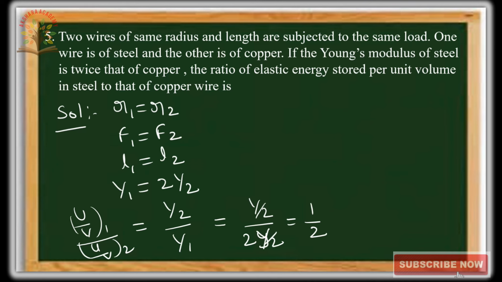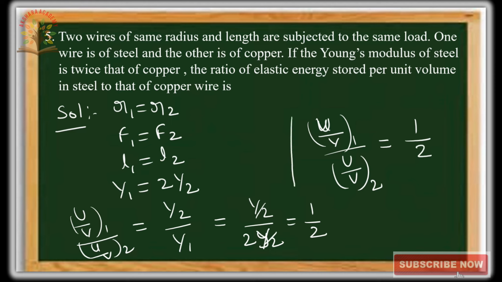So the ratio of elastic energy stored per unit volume, that is U by V of 1 by U by V of 2, is 1 by 2. Finally, the answer is 1:2. Therefore, U by V of 1 by U by V of 2 is equal to 1:2. This is the final answer.